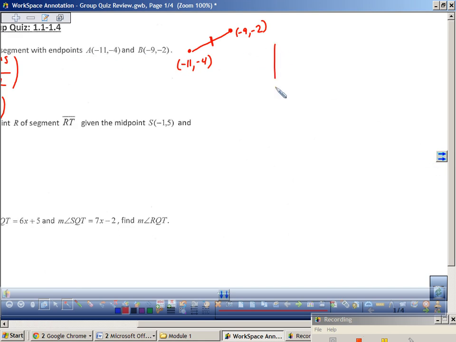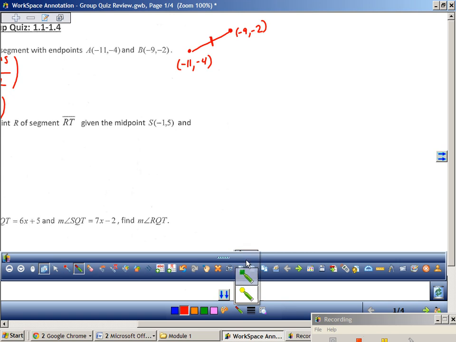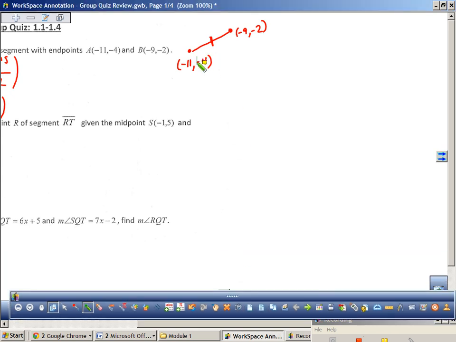I'll even do it right here. Alright, so if I go from -11 to -9, that's not my rise. That's what makes this confusing. Let's do my rise first. This is my rise, correct?